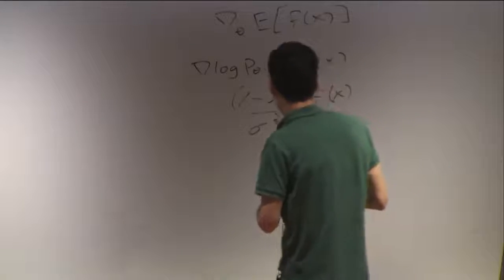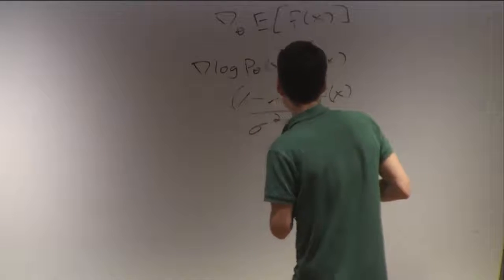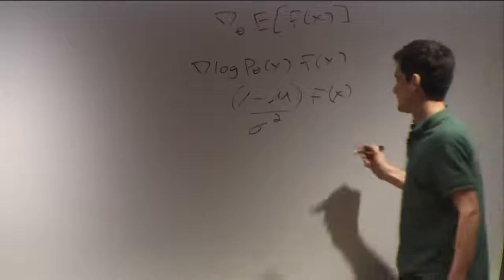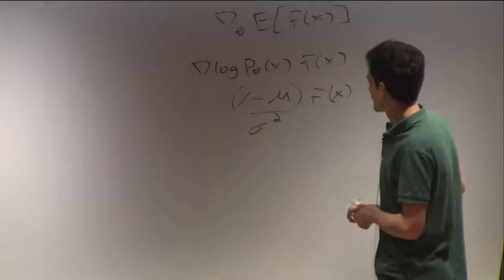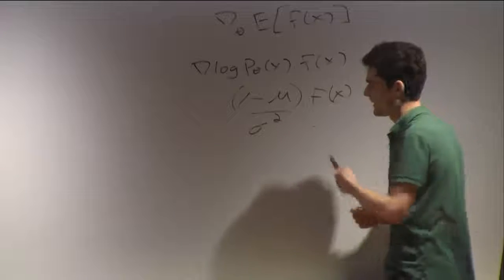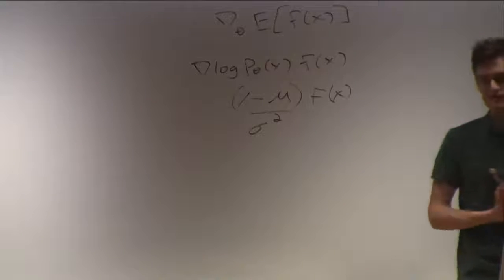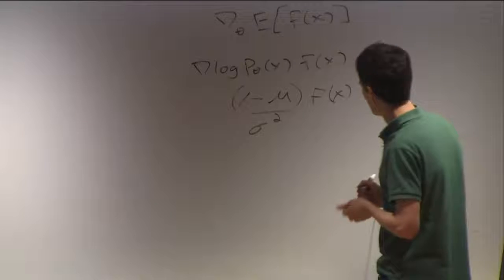So the problem here is that we have this factor 1 over sigma squared. So the question is, what's going to happen as sigma goes to 0? We're wondering, if the variance goes to 0, does our estimator get any worse, or what happens to it?